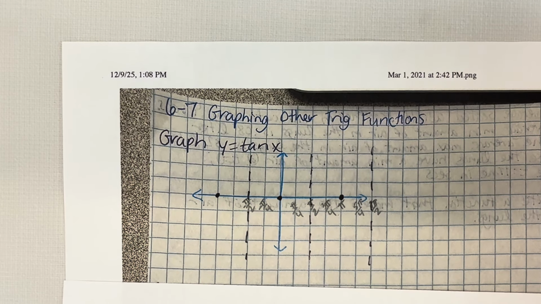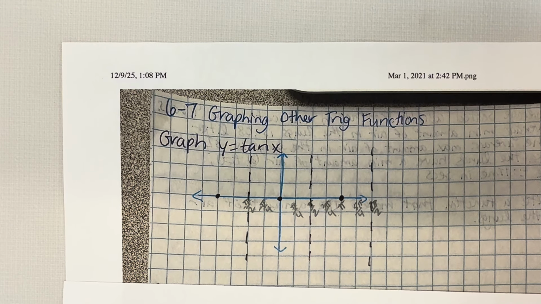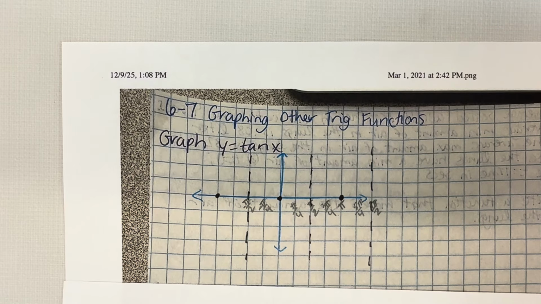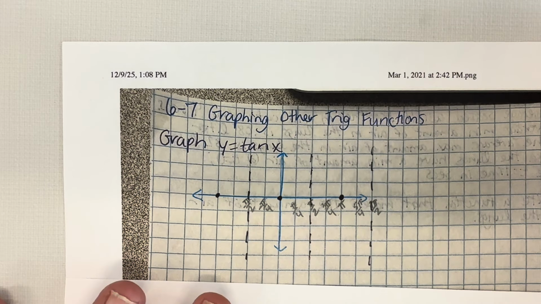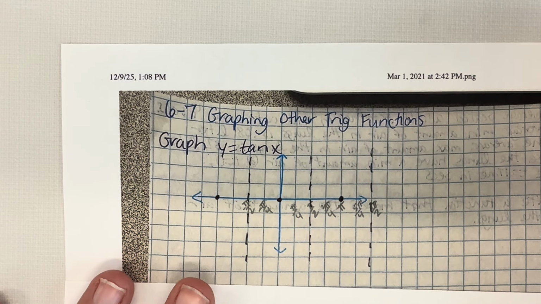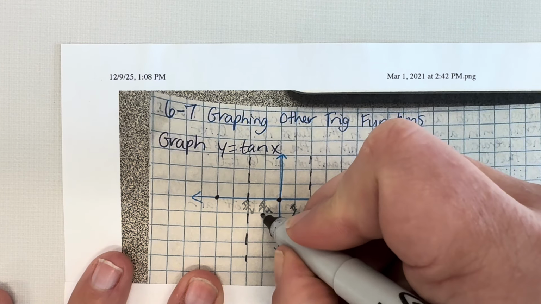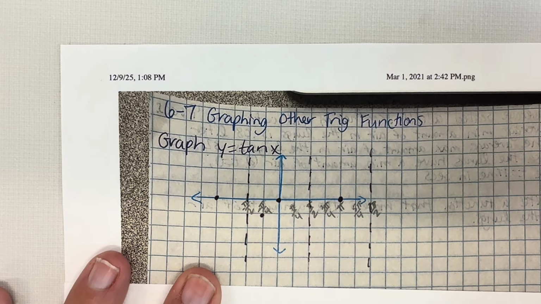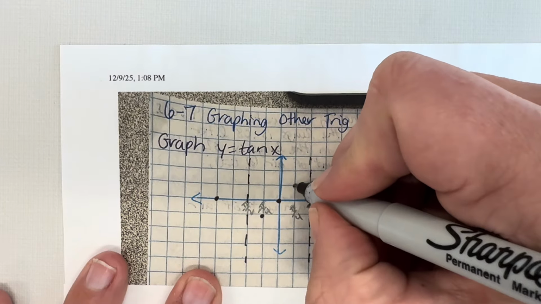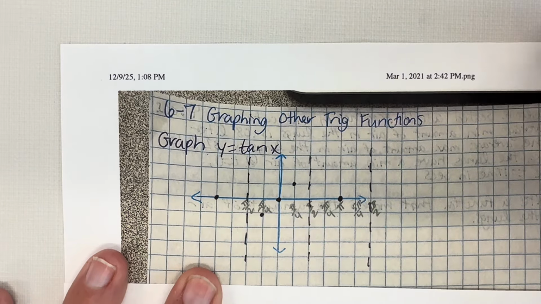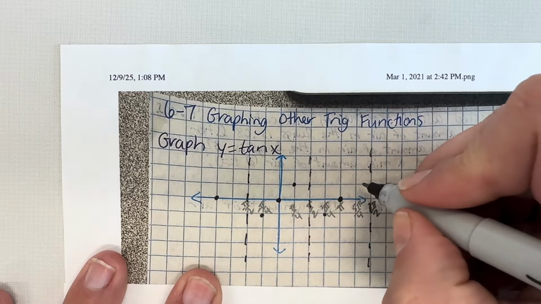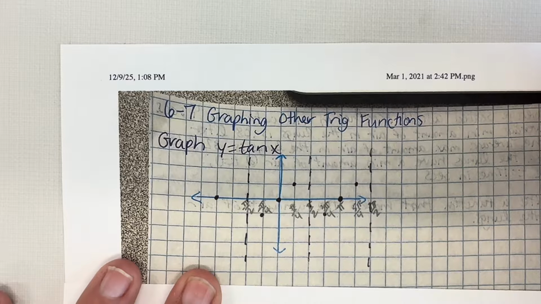Okay, and then in our next points here, it says that negative 3 pi over 4, well, I don't have that here, so negative pi over 4, I'm at negative 1, and at pi over 4, I'm at positive 1. So just looking at that table, these are going to be kind of periodic.